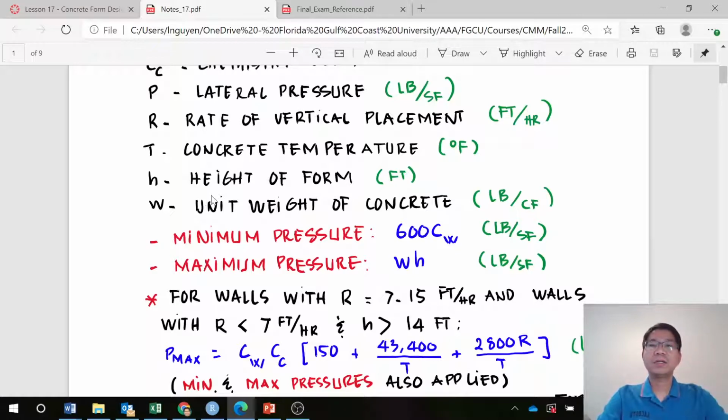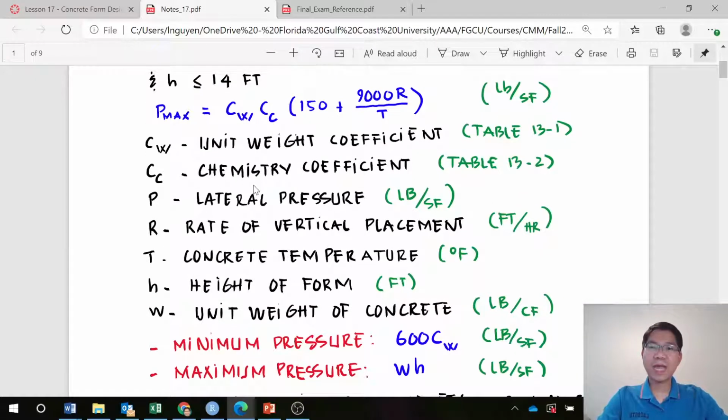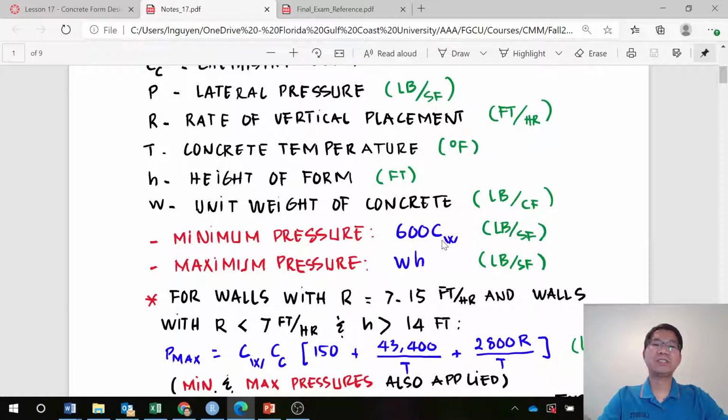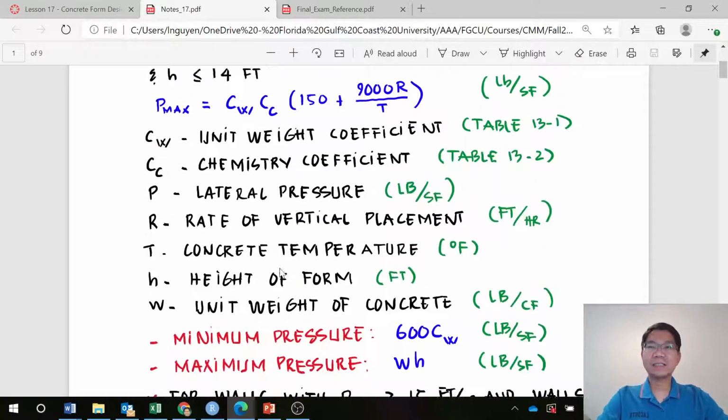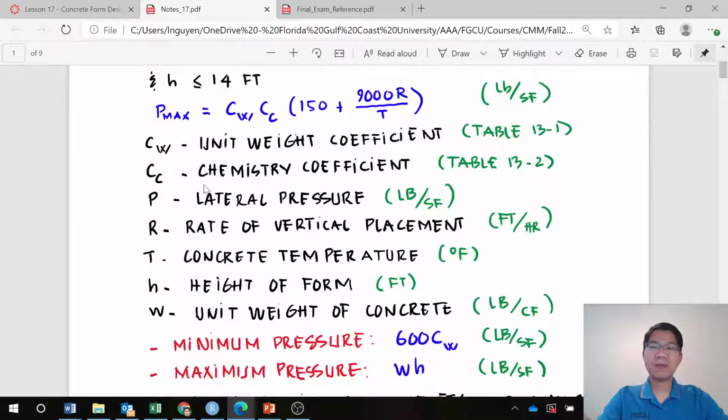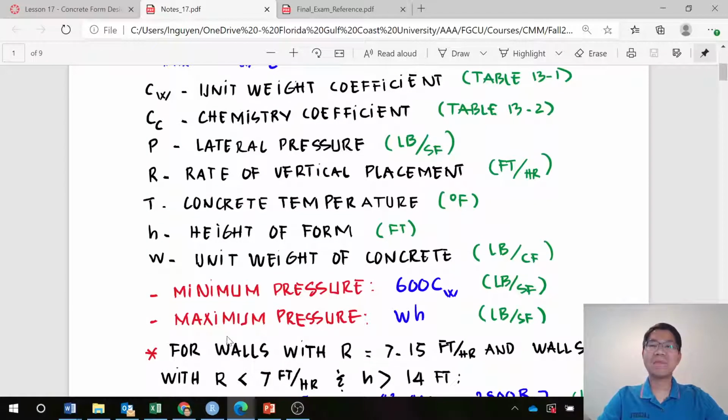But before that, Pmax needs to be at least 600 CW. What is CW? That is the unit weight coefficient, table 3.1. And after you determine Pmax, it cannot exceed the maximum pressure, WH.